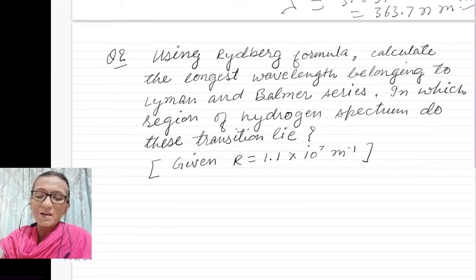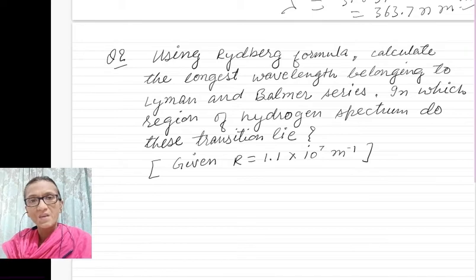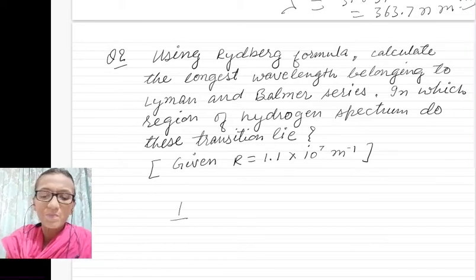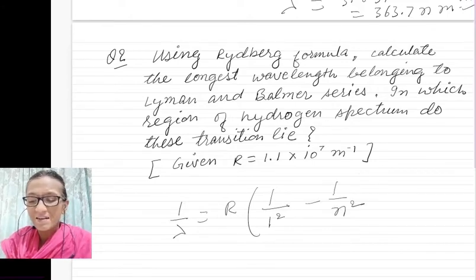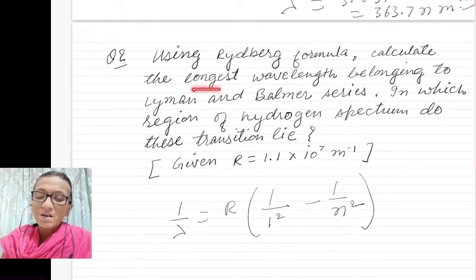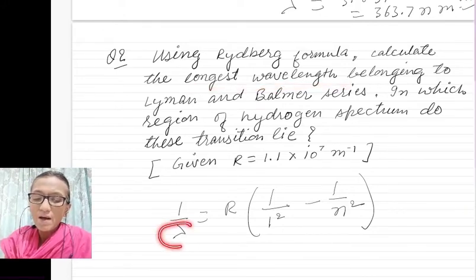So let me first of all use formula for Lyman series. 1 upon wavelength is equal to Rydberg constant into 1 upon, and for Lyman series here you have 1 square, and then minus 1 by n square. We have to calculate longest wavelength.